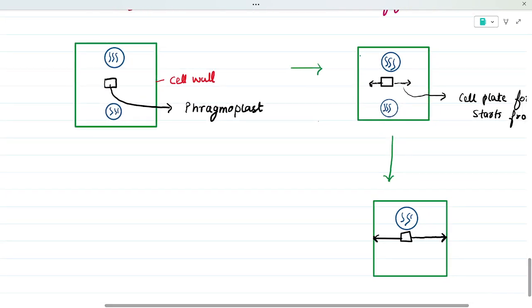Do plants have centrioles? The answer would be no. Plants do not have any centriole.